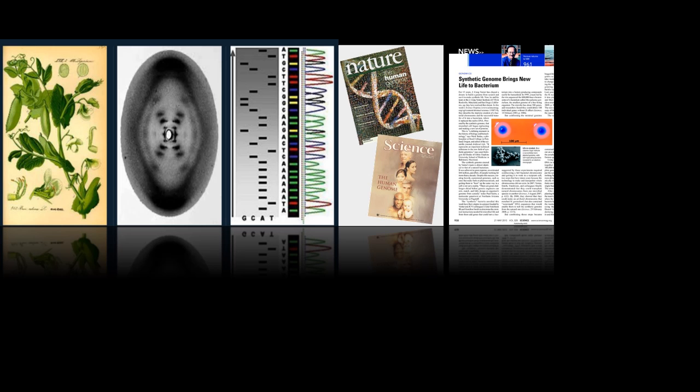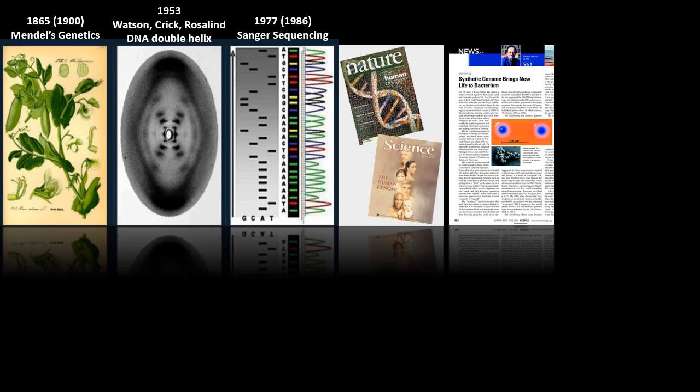Can you guess what all these pictures represent in the key milestones of genomics? First, we have Mendel's genetics study on pea trait inheritance, which was rediscovered in the 1900s. Then we have the structure of the heritable material, DNA, described by Watson and Crick based on X-ray diffraction by Rosalind Franklin.